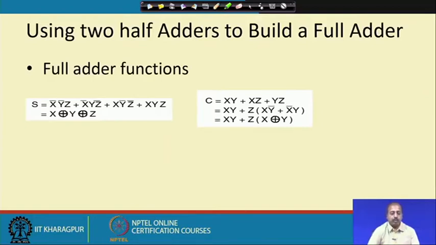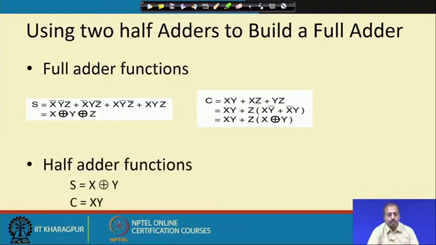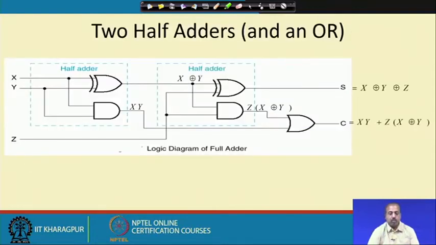So, if we consider the full adder function, sum equal to x XOR y XOR z and carry C equal to x y plus z into x XOR y. And the half adder function was s equal to x XOR y and C equal to x y. So, what can we do? We can use two half adders to get a full adder. Here you see that in the first half adder we have given x and y as input.